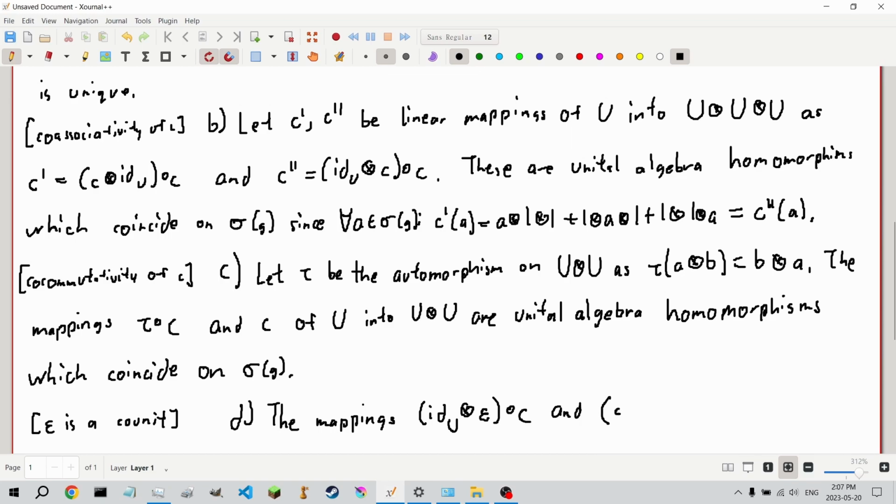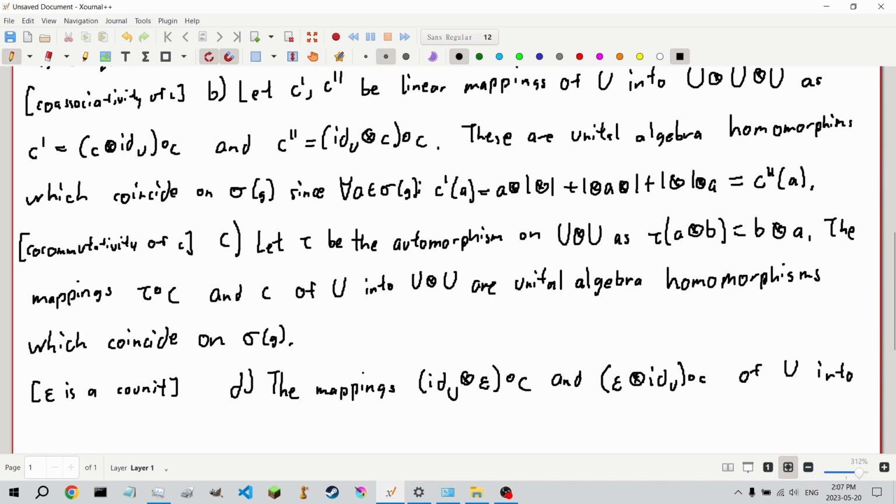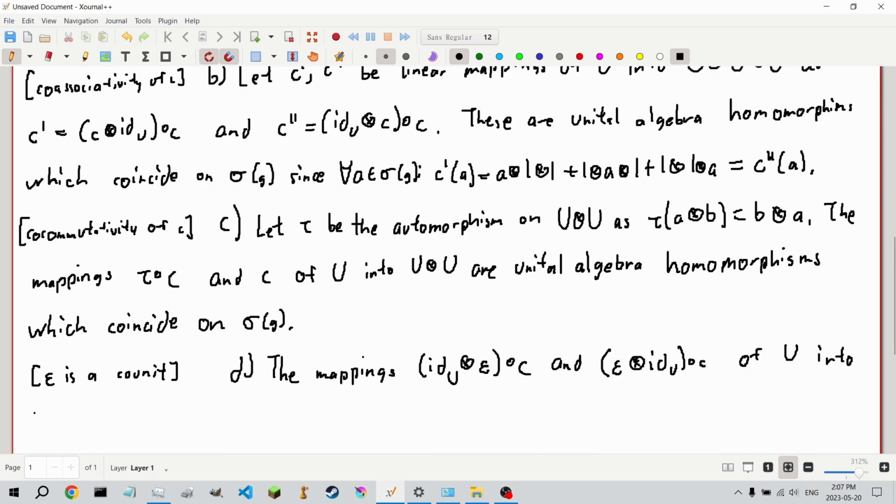Doing the co-product and then taking the co-unit of the left-hand side. Which are of U into the tensor product of U and K, or K and U, which are both isomorphic to U. Our unital algebra homomorphisms.